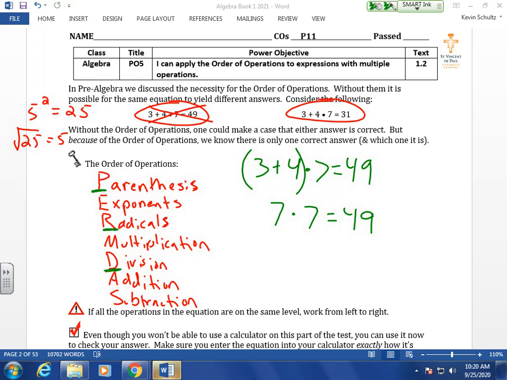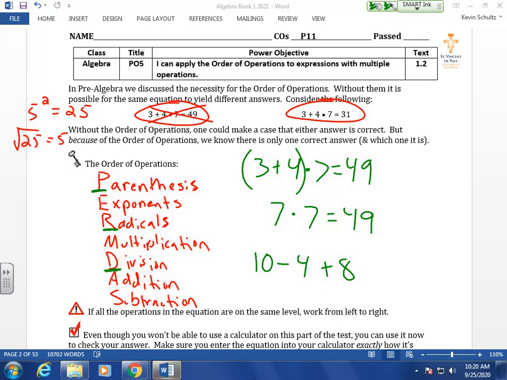Okay. What if we have an expression such as this? Because this is where people get caught up. People get so wrapped up in the order of operations that sometimes they take it too literally. If we have something like 10 minus 4 plus 8, okay?